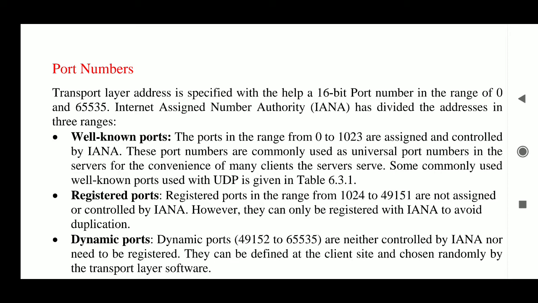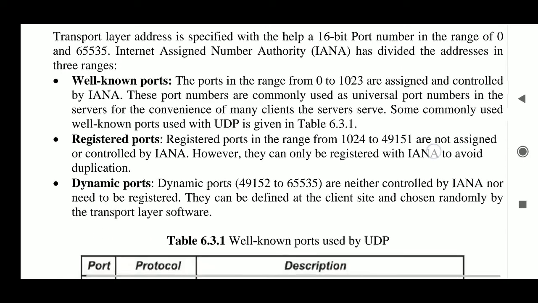Okay, so these are controlled by the IANA. IANA is the Internet Assigned Numbers Authority. Okay, the port numbers are commonly used as universal port numbers in the server for the convenience of many clients the server serves. So these are the commonly used ports, well-known ports from 0 to 1023.